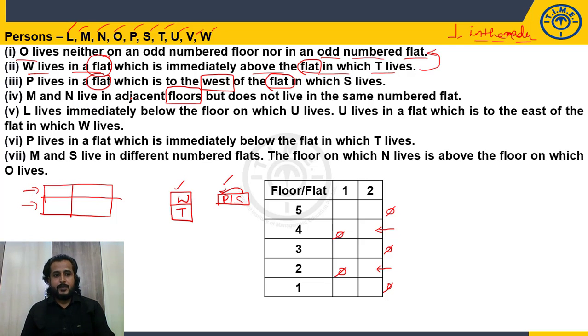What is given? M and N live in adjacent floors but do not live in the same numbered flat. Okay, so if M is here, N will be here. Okay, if N is here, M will be here, because it is not given whether M is above N or N is above M. It is not given, so it can be anything. So it is valid. Now, what is another situation that is possible?